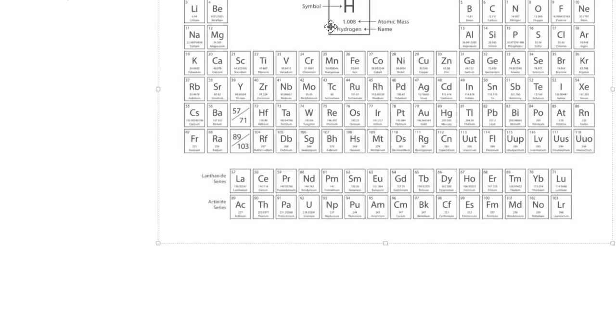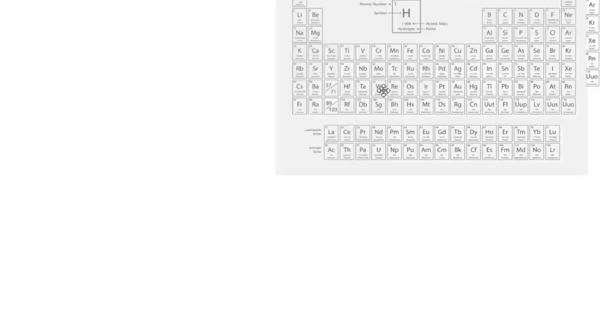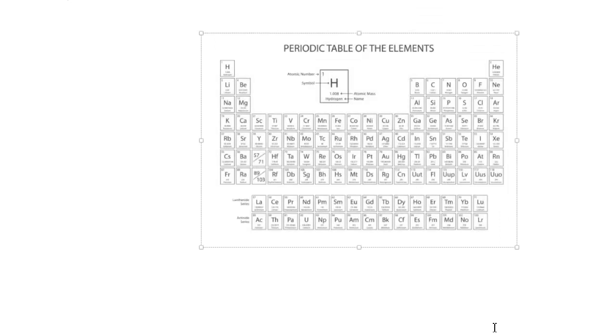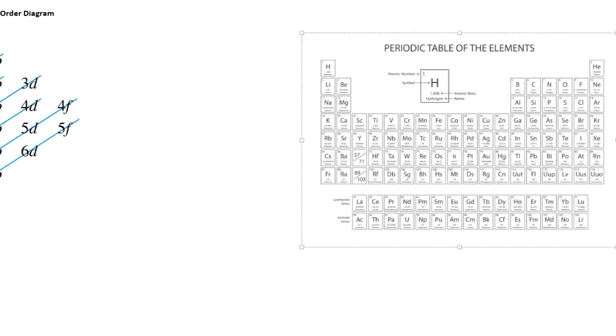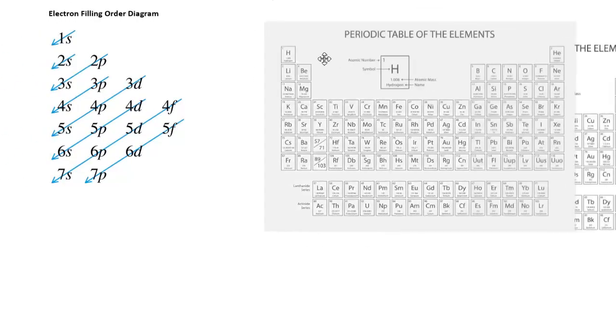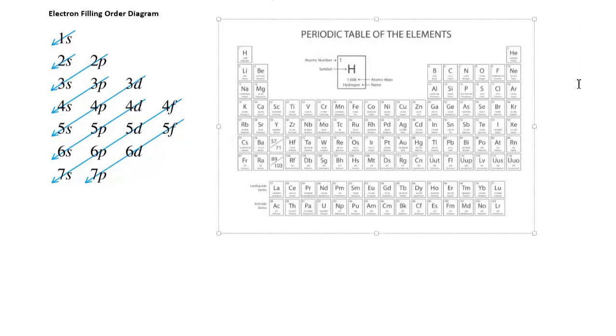Whoops. Okay. So I will just try to minimize this a little bit, just so we can compare them side to side. It will be a bit small. Now, let's have a look at what's going on here.